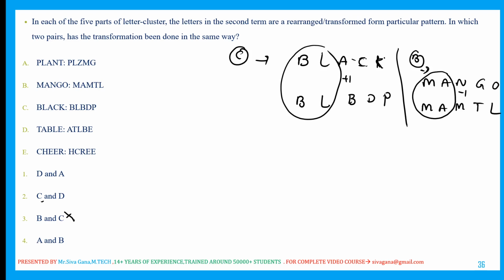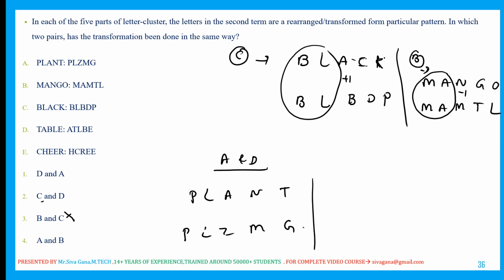Let us take A and B, option D I am telling. A and D, this is what I am doing. A is plant and plzmg. Option D is table.